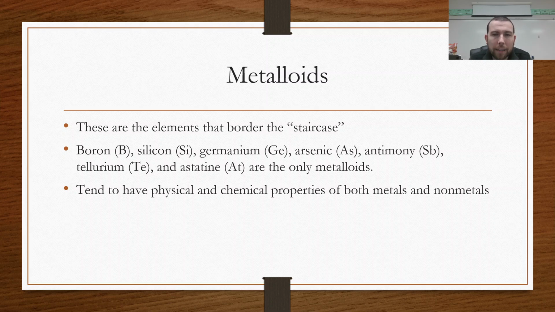I'll make sure I correct this slide in Google Classroom, but it should just go through tellurium, right? So boron, silicon, germanium, arsenic, antimony, and tellurium. Those are the 6 metalloids that you need to be familiar with. And like I've mentioned, they tend to have physical and chemical properties that are similar to both metals and nonmetals.